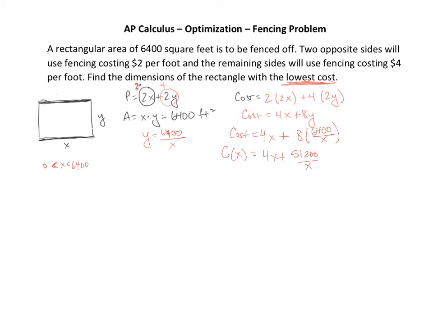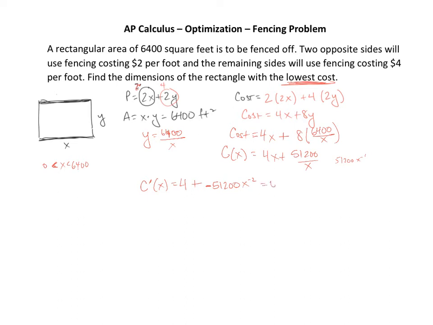Alright, so let's continue on here. We want to take a derivative because we're minimizing this, and we end up with 4 plus, now remember, this is 51,200 x to the negative 1, so this becomes negative 51,200 x to the negative 2. Well, when we minimize, we want to find critical points that are equal to 0.